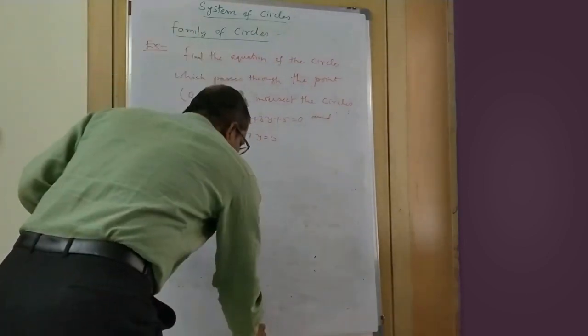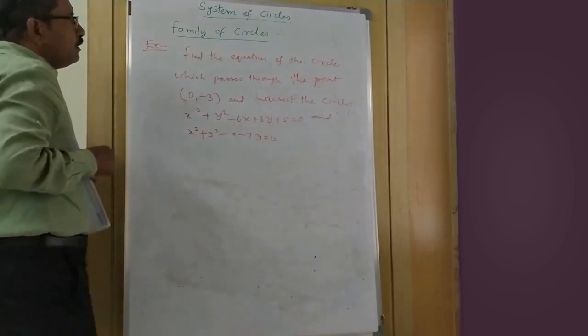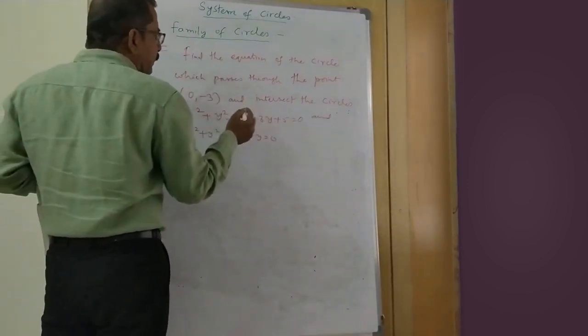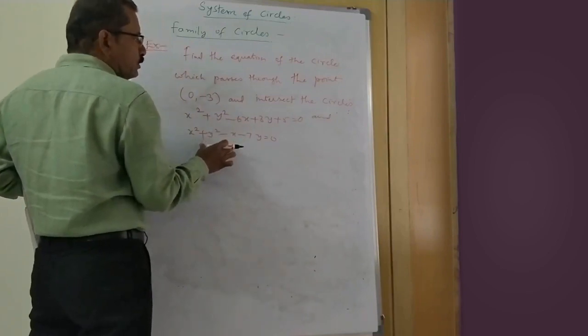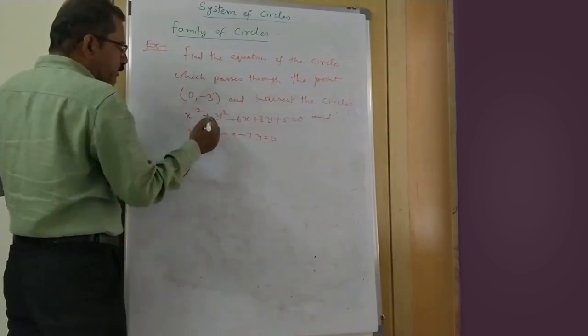How do you solve this? The equation of circle 1 is S1 = 0 and this is S2 = 0.